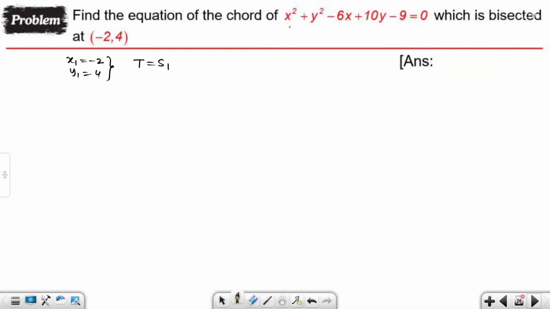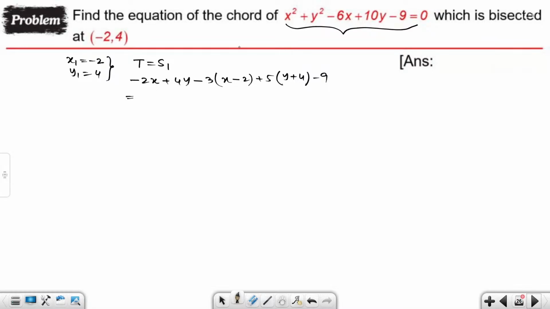So what will be the tangent equation for this circle? It is x1, that is -2x plus 4y minus 3 times x plus x1 plus 5 times y plus y1 minus 9, right? This is your t, which equals your s1.